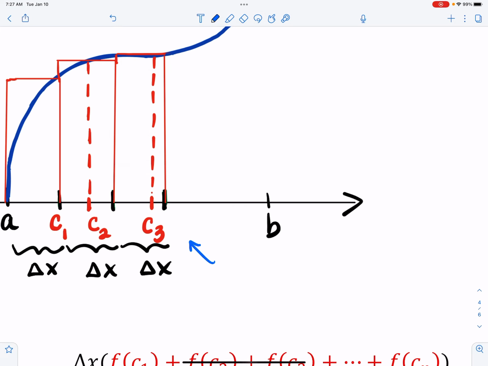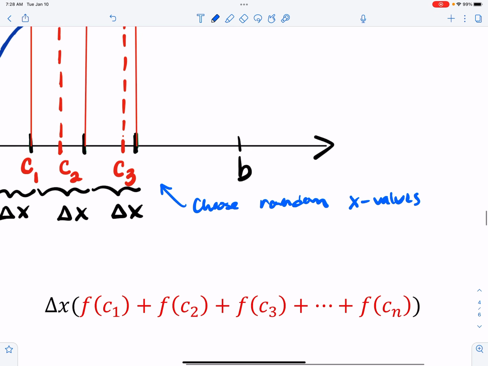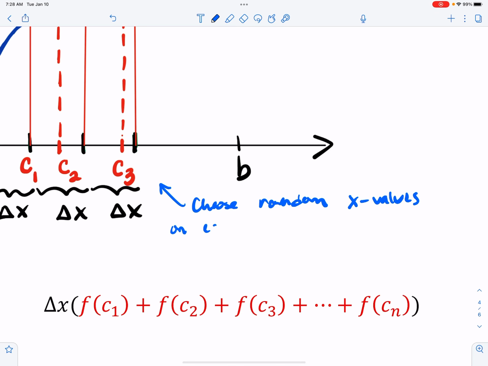So this is choosing random x values on each subinterval to find the height of each rectangle.